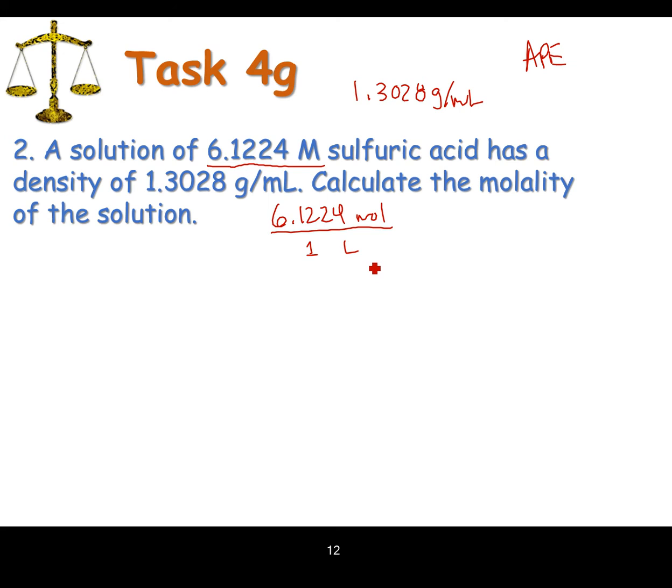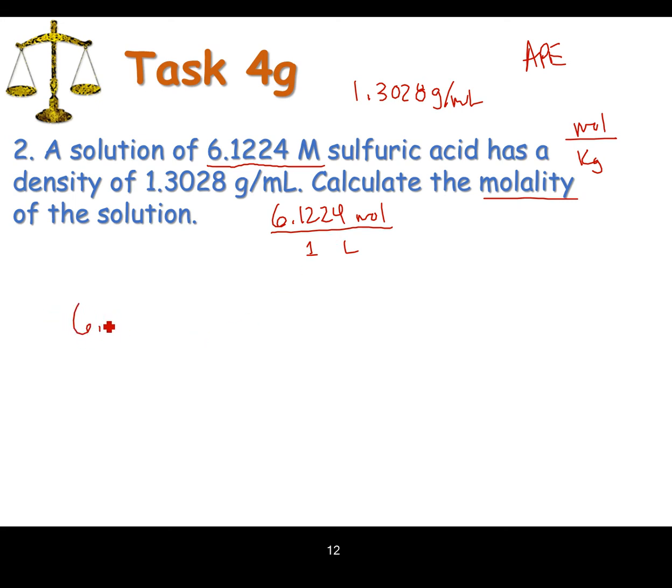So I know the moles per liter and I know the grams per milliliter, but the question is asking what is the molality. So the end goal is to determine the number of moles of solute divided by kilograms of solvent. What we can do is set this up so that the correct units cancel.